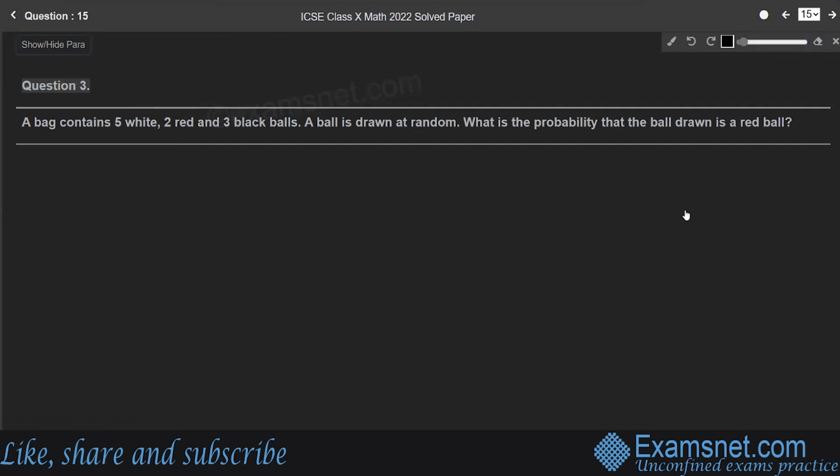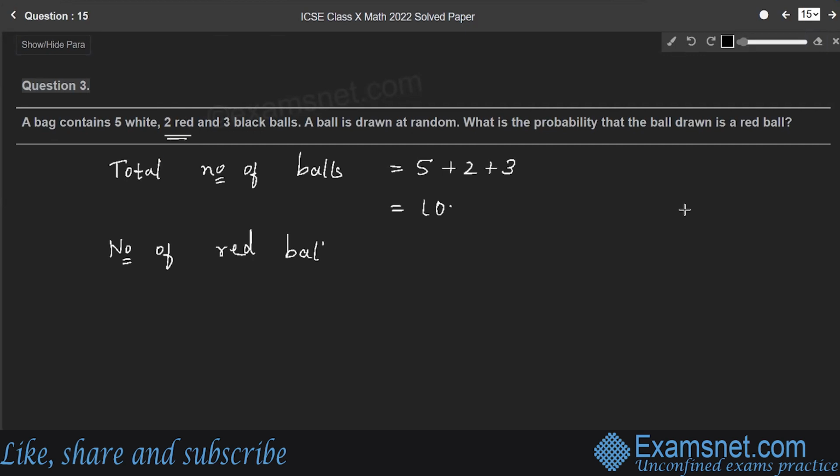Right? So we'll write, total number of balls is equal to 5 white balls plus 2 red balls and 3 black balls. So there are 10 balls. And favorable outcomes are nothing but the number of red balls. So the number of red balls is equal to 2.